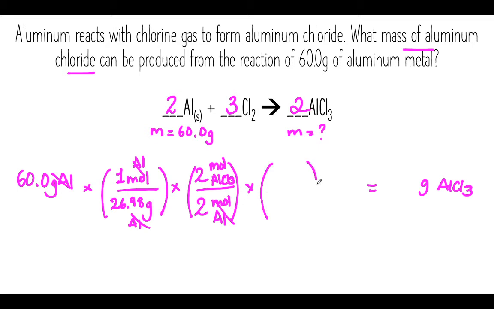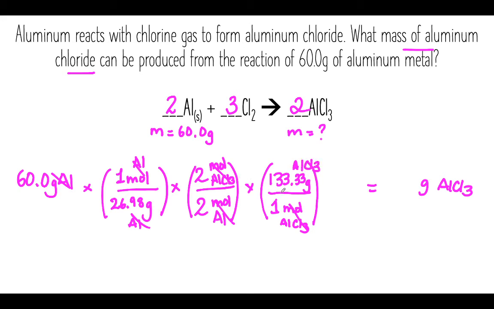So I now have the unit moles of AlCl3, and I need to get to grams of AlCl3. So what I would need to do that, again, is our molar mass. So I'm going to, in this case, put the moles at the bottom. So for every 1 mole of aluminum chloride, that cancels out, I can have 133.33 grams of aluminum chloride.